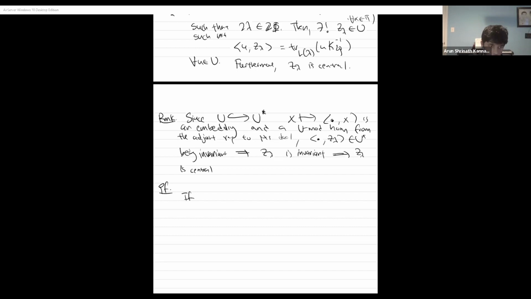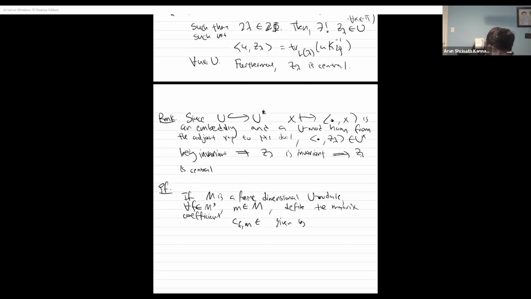If M is a finite dimensional U module, then for any linear functional F in the dual space and m in the module, we can define the matrix coefficient C F m in U dual, given by C F m of v in U equal to F of v m for all v in U.